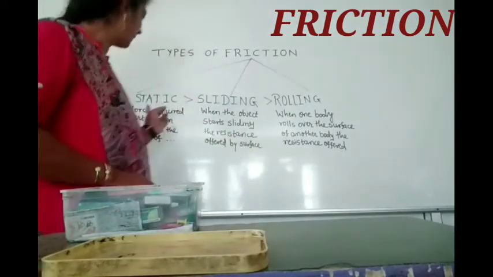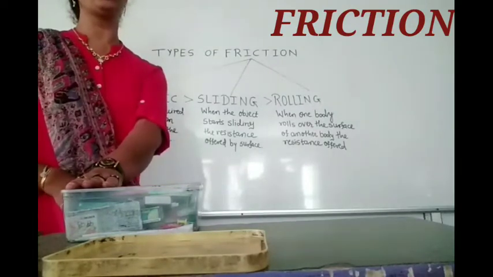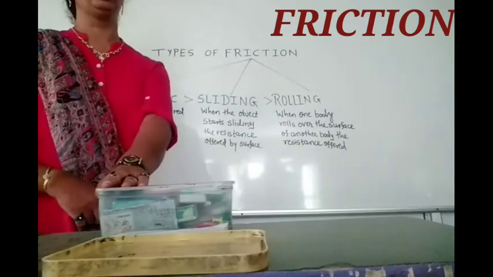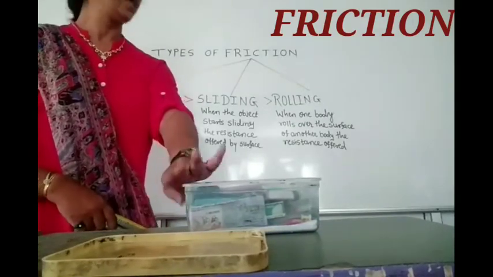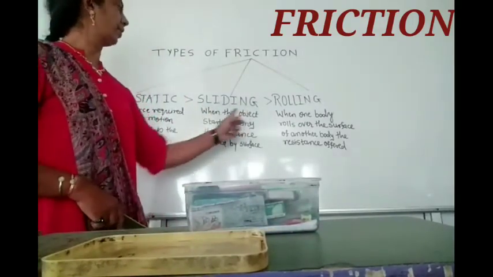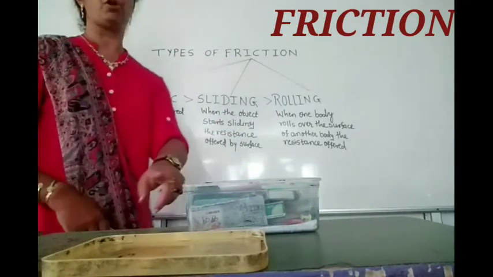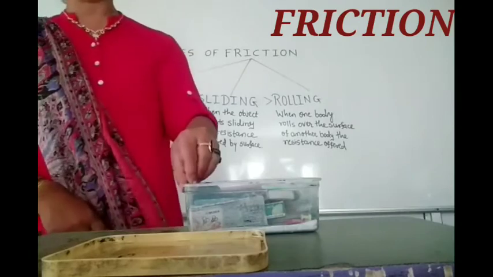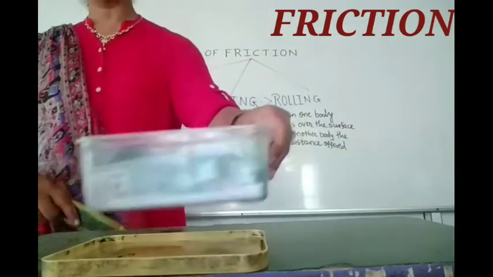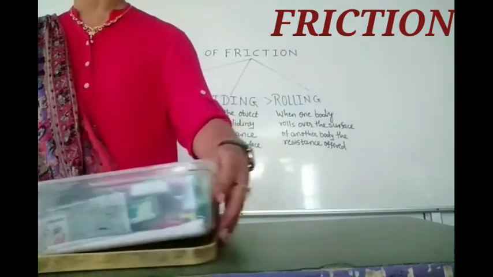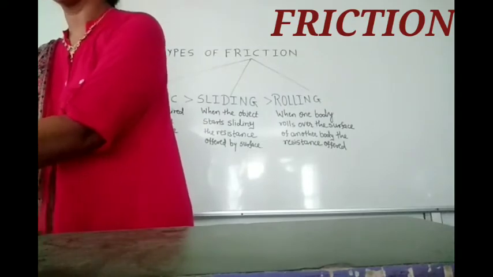Instead of this static friction, if I push this object, it has now started sliding. So sliding friction is the resistance offered by the surface when the object starts sliding. So we are sliding the object, and still if I want to reduce the force, then we have discussed that we are having the roller.